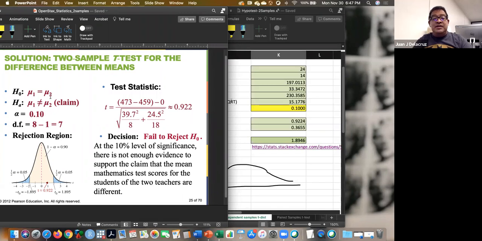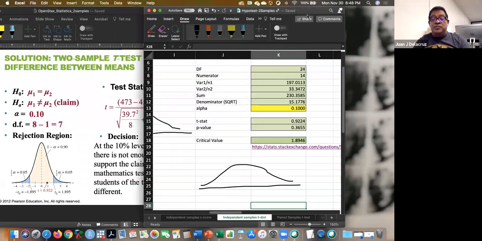So that's the claim. When we have the claim, the other one becomes the complement. So in this case, our H naught is the one that we are going to prove. If I reject H naught, then I have enough evidence to support the claim. If I fail to reject H naught, I don't have enough evidence to support the claim. So that's what we are supposed to do.